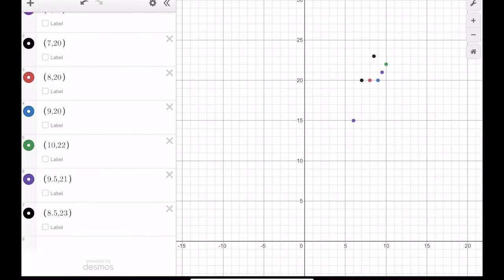Okay, so as you can see here, that's a visual of all of my ordered pairs in my relation.